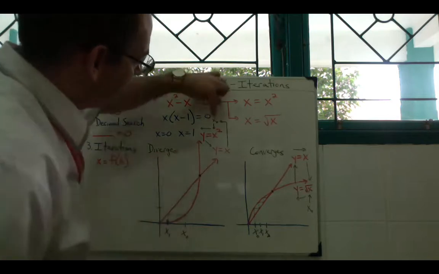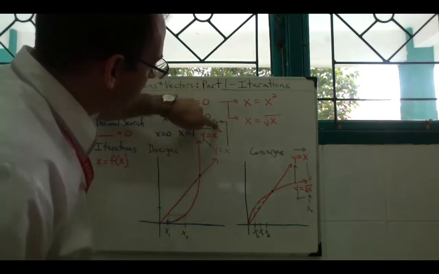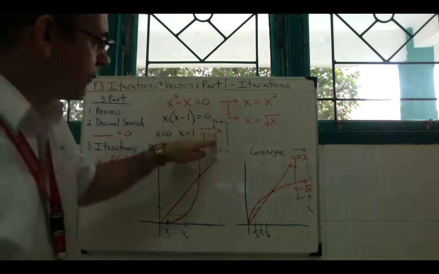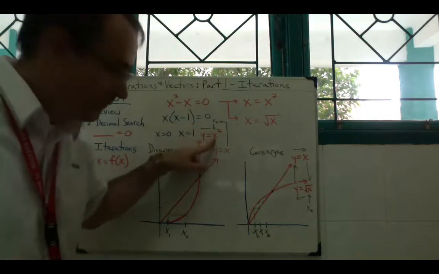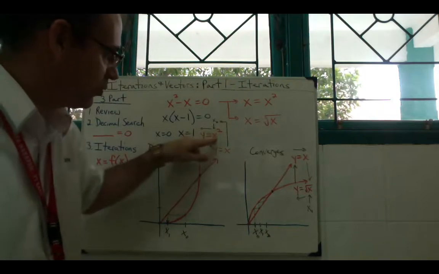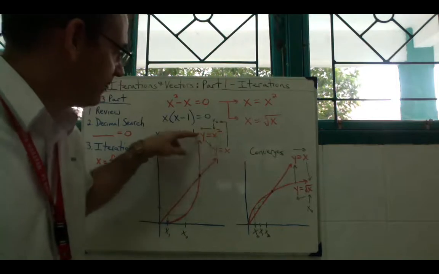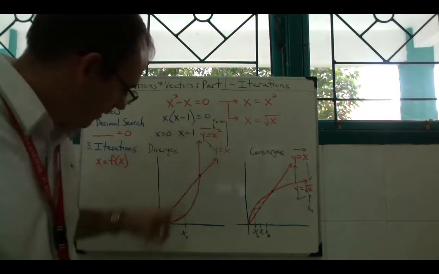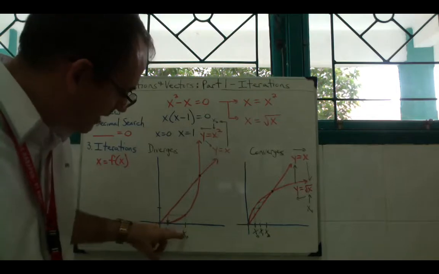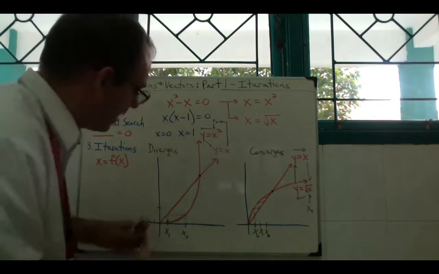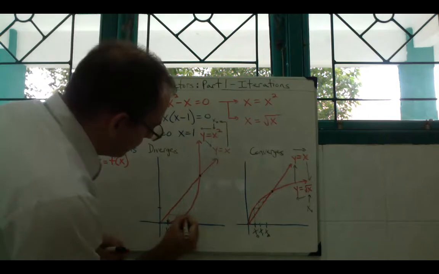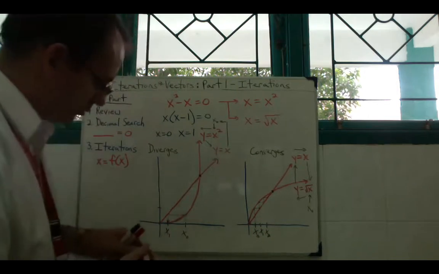Here it is up here, our original value of x, and we're going to plug it into the equation, meaning in this case we're going to square it, and that's going to give us our y value. So here we put in the x and we follow it up, and that gives us the y value.